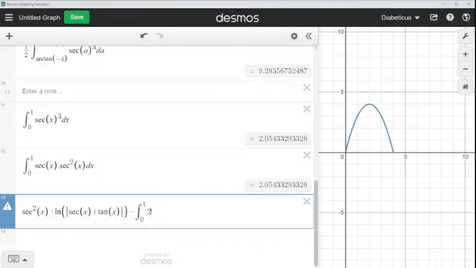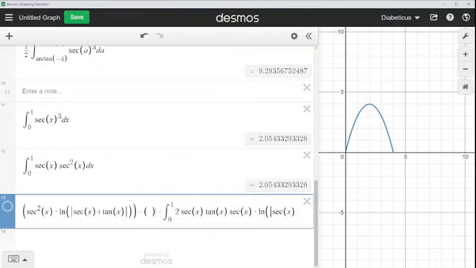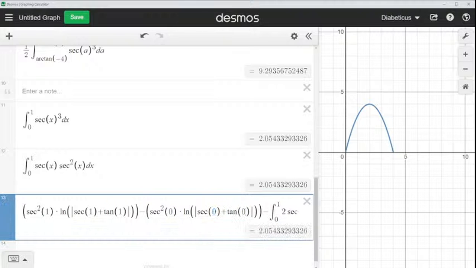Well, that's 2 secant x tangent x secant x, times the integral of this guy dx. And this is supposed to be evaluated like this part here, from 0 to 1. 1, 1, 1, minus 0, 0, 0. Okay, same thing.